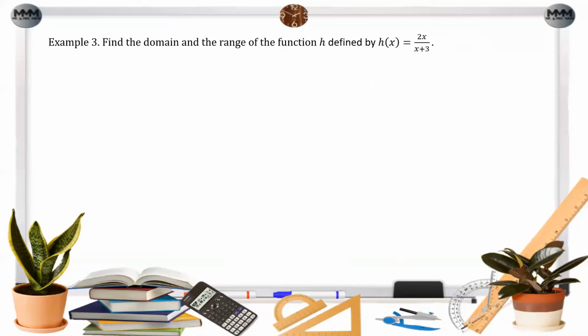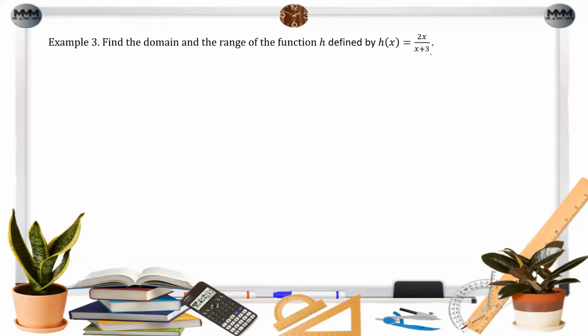Now take note, since we are working on a fraction, by the way, when is the fraction undefined?